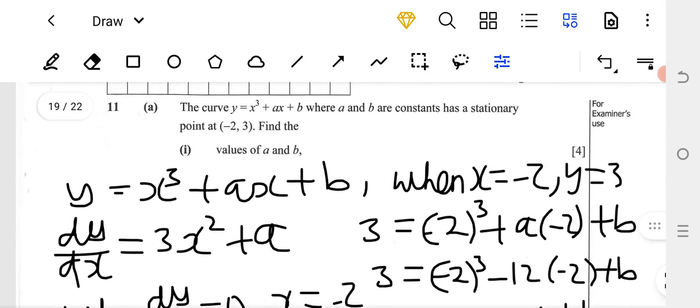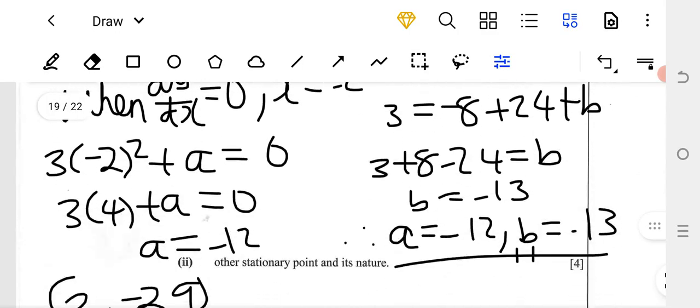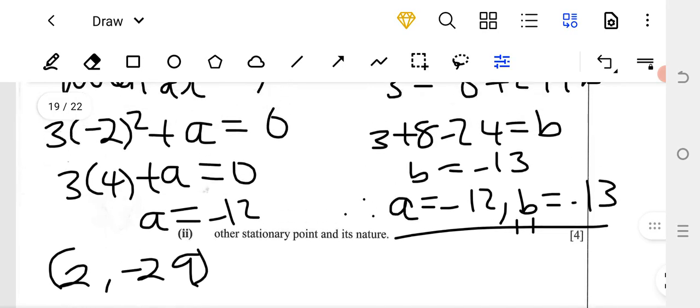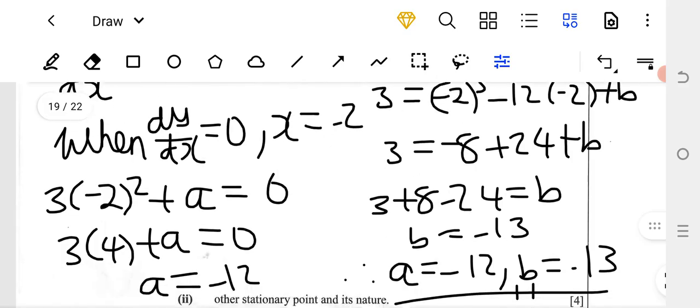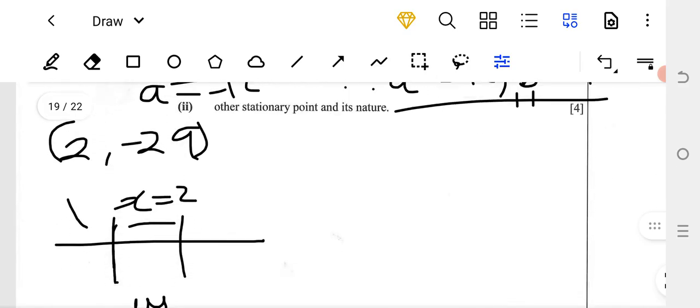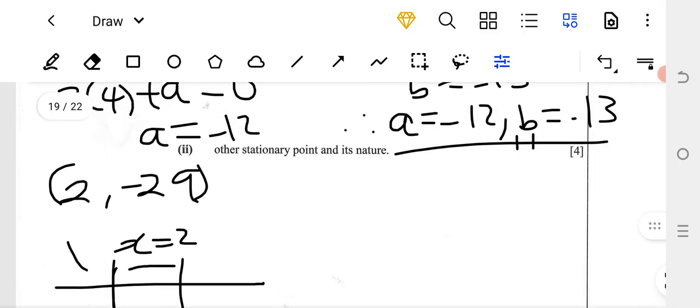So our equation is what we found here. It's going to be x cubed minus 12x minus 13. Okay, and x cubed is 1 minus 12 minus 13. We are going to have a negative 24, so representing that type of a slant.